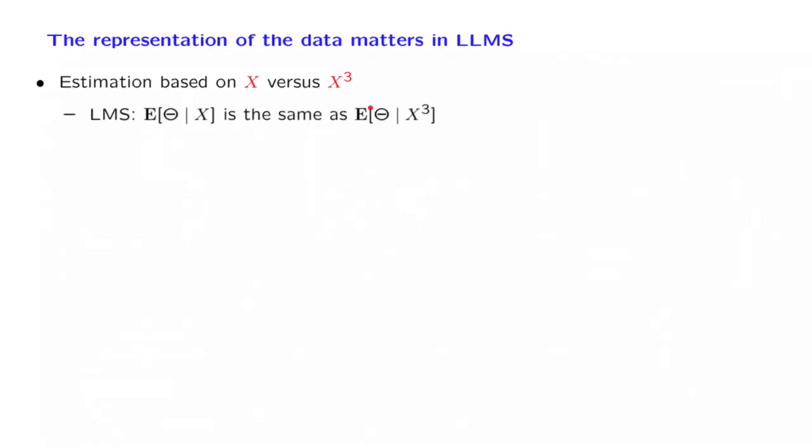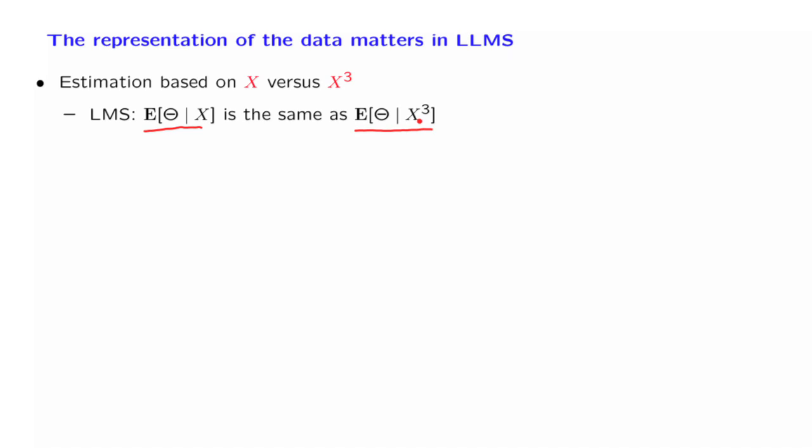Let us consider the case of least mean squares estimation without any linearity constraint. If you use x to estimate theta, your estimator is going to be this conditional expectation. If you use x cubed to estimate theta, your estimator will be this conditional expectation. Are they different? Well, x and x cubed carry the same information about theta.